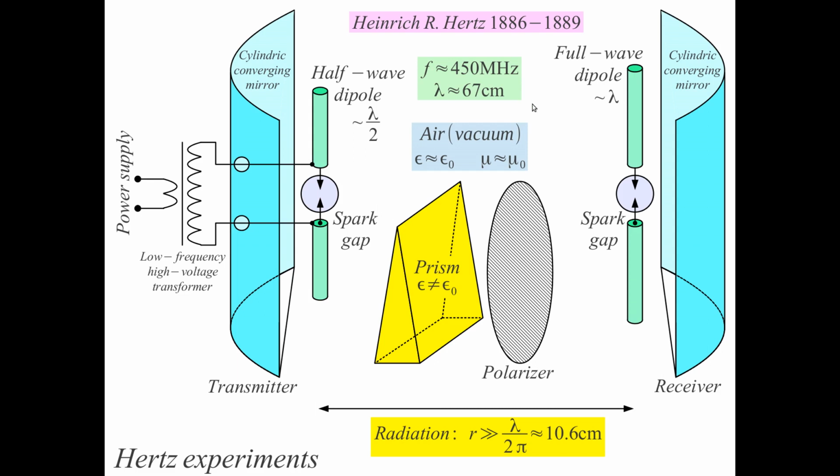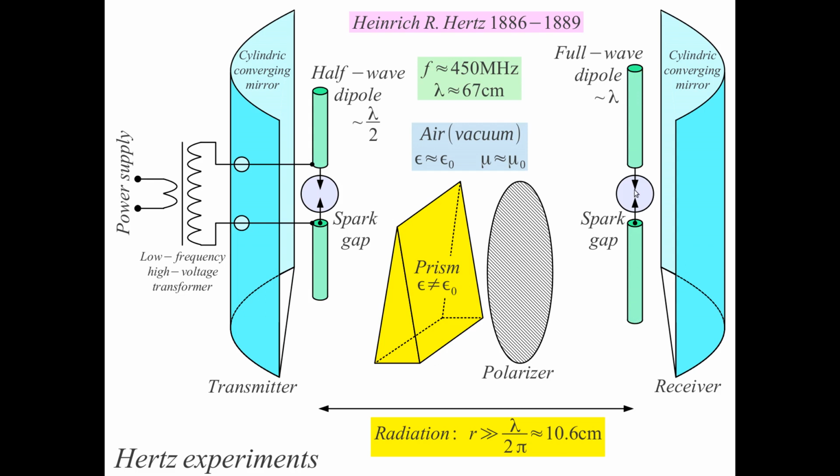On the receiving side, he also used a spark gap, but the spark gap used in a different fashion. So here the high voltage was actually obtained from the radio frequency radiation emitted by the transmitter. To get the highest possible voltage, he used a high impedance antenna, and that's a full wave dipole.